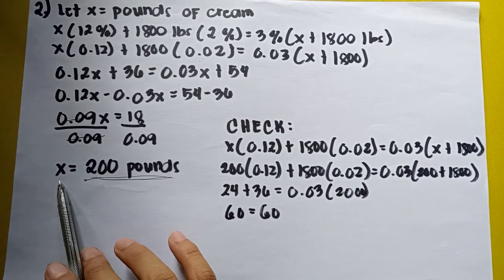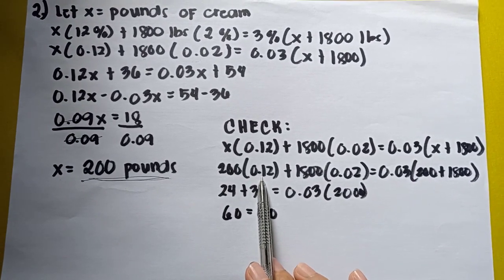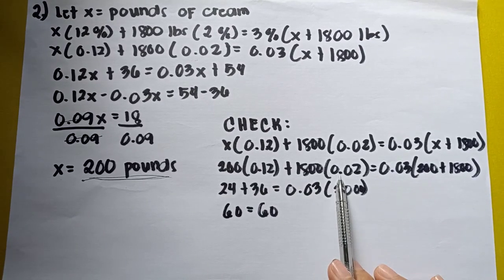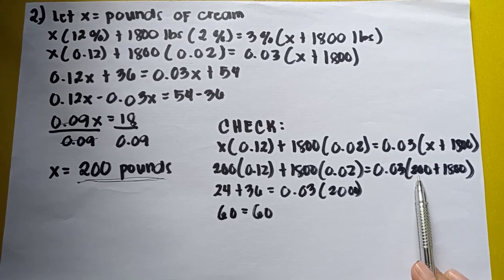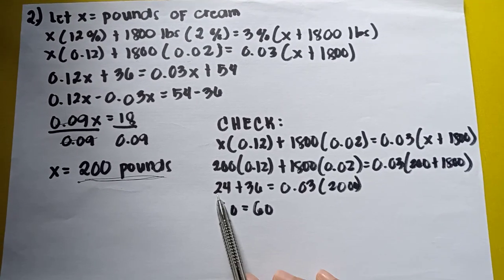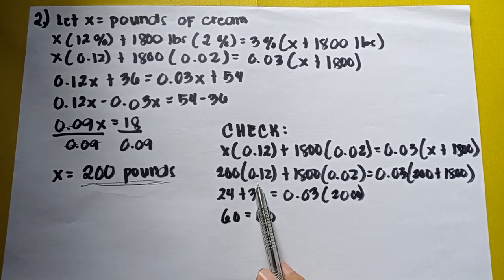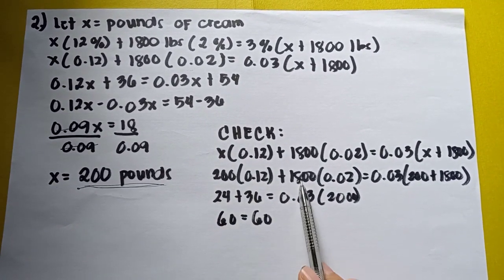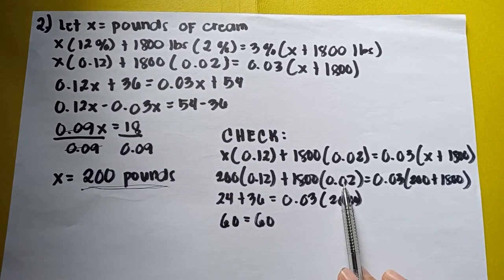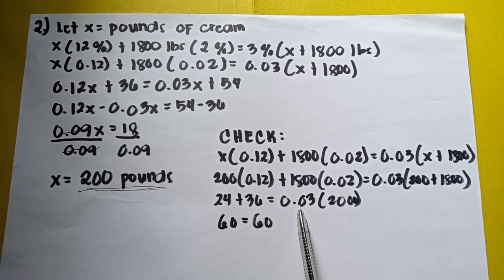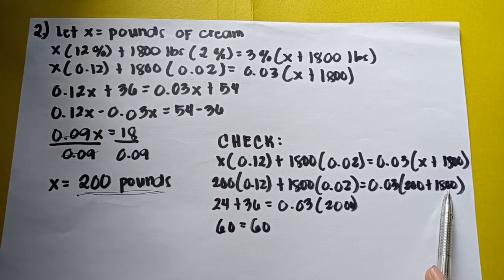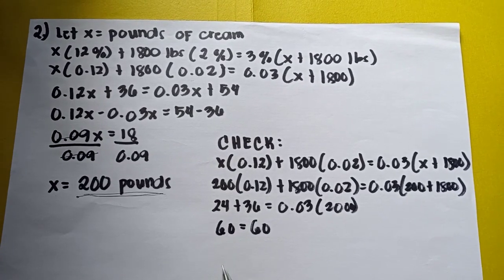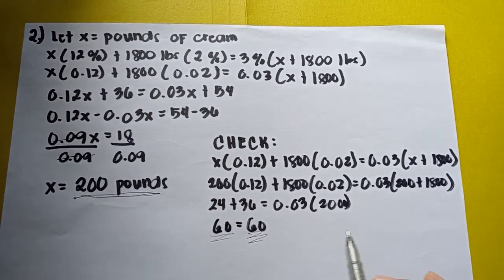So our value of X is 200, so 200 times 0.12 plus 1,800 times 0.02 equals 0.03 times (200 + 1,800). 200 times 0.12 is 24, and 1,800 times 0.02 is 36, equals 0.03 times 2,000, since 200 plus 1,800 is 2,000. So the answer is 60 equals 60. So our answer is correct.